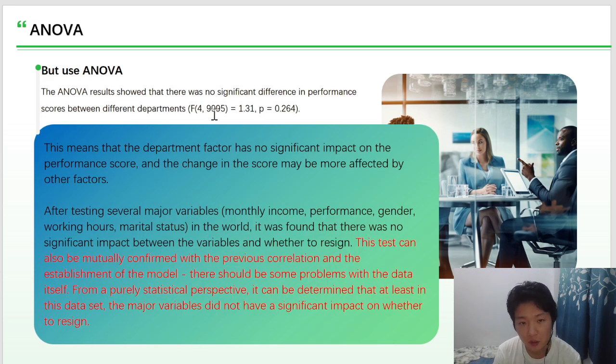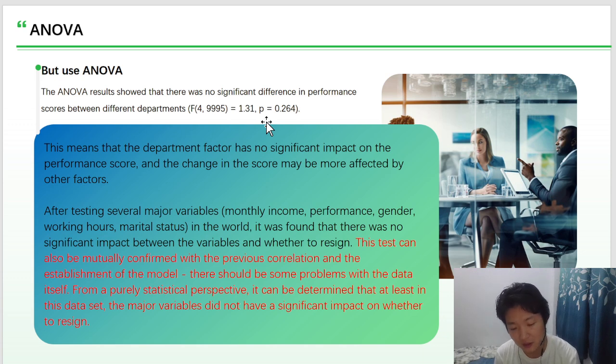The result is that the F is 1.31 and p is 0.2644. It means that the department factor has no significant impact on the performance score.